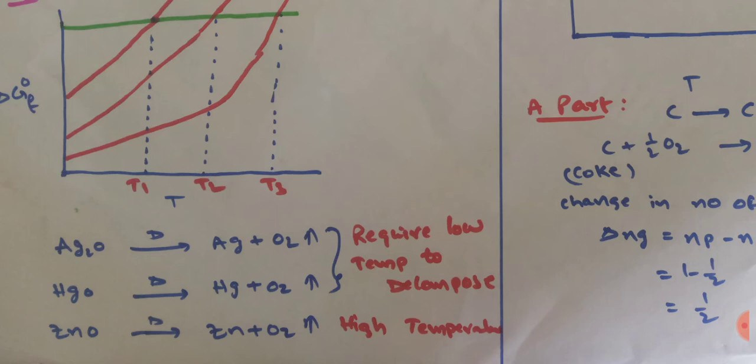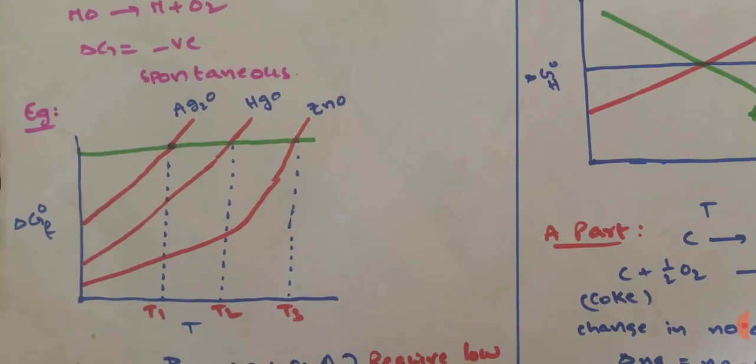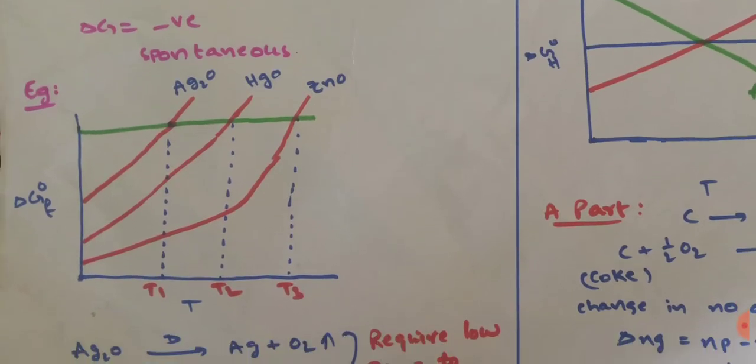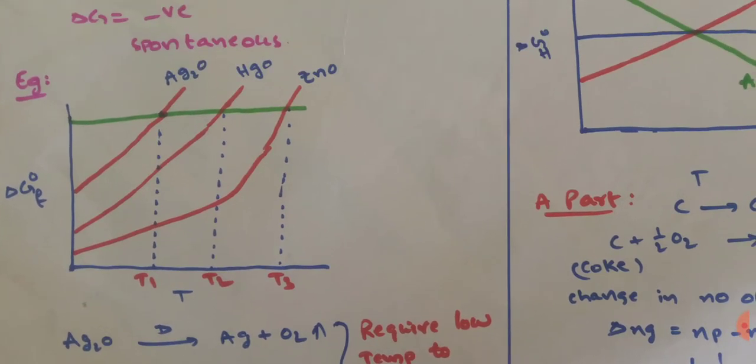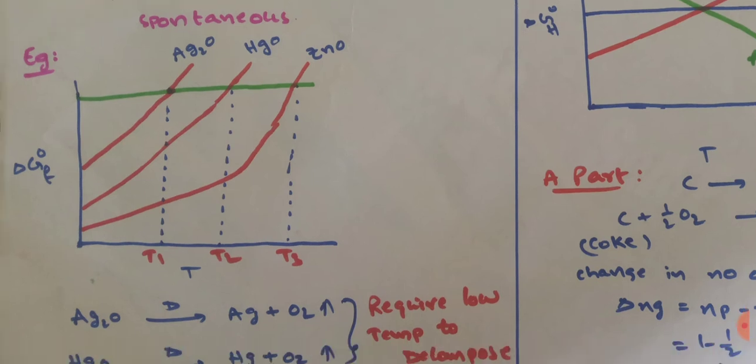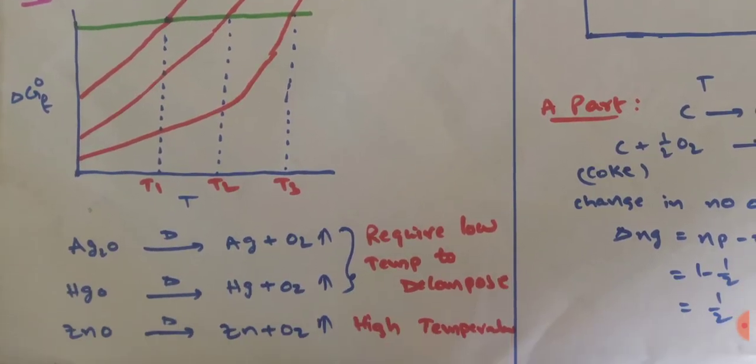Now when we observe Ag2O and HgO, Ag2O decomposes at a temperature T1 and HgO at a temperature T2. As compared to T3, that is zinc oxide, silver oxide and mercury oxide require a low temperature for the decomposition process.